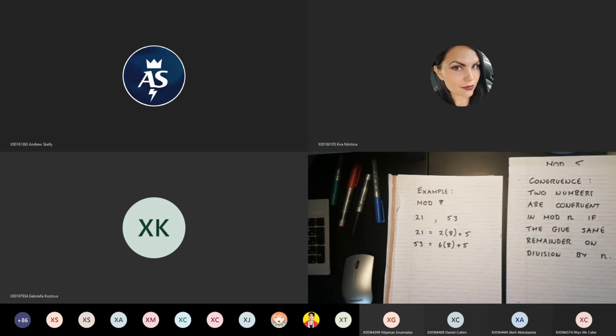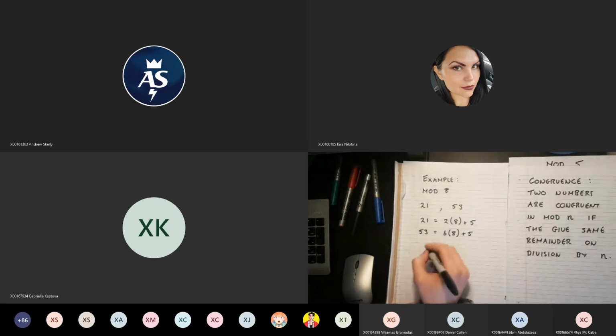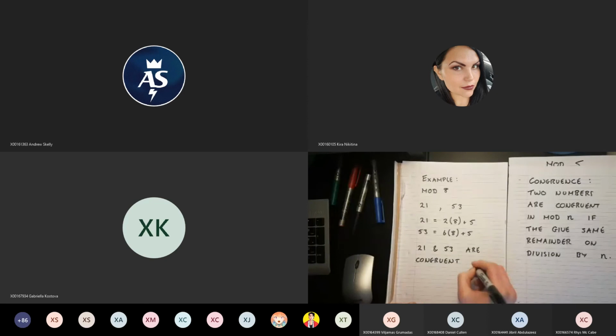So it turns out that in this system, in mod 8, 21 and 53 are congruent.